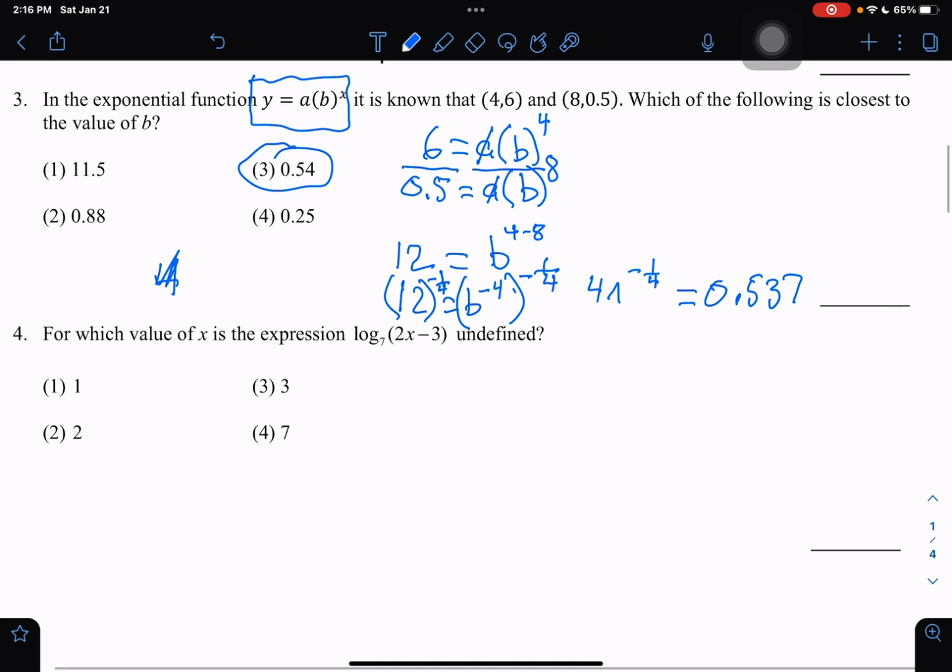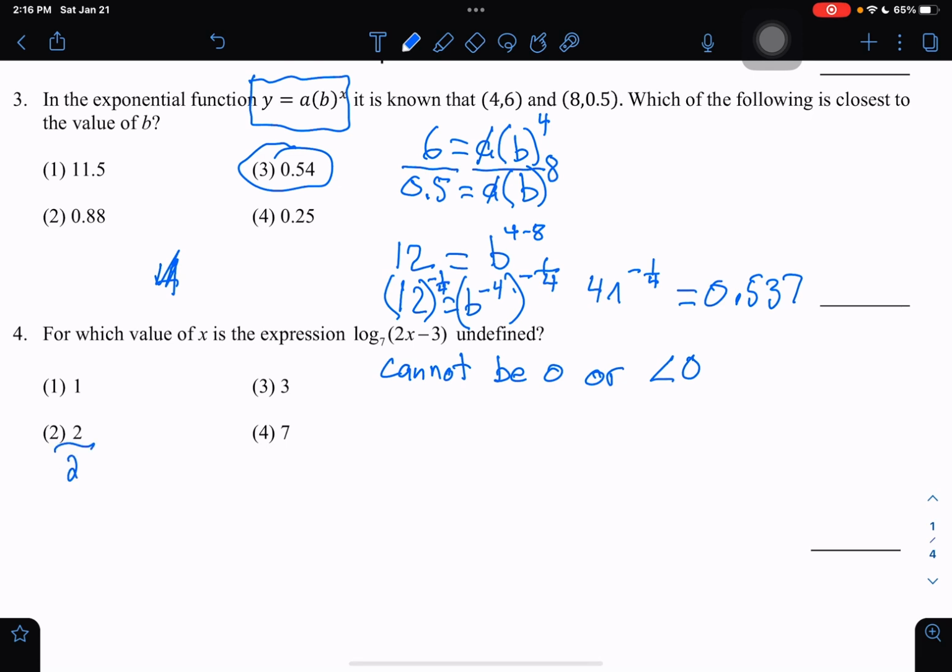The logs are undefined if the argument is 0 or less than 0. So they can't be a 0 or a negative number. So if you look at this, if you put in 2, it's 2 times 2 minus 3, which is 4 minus 3, which is 1.